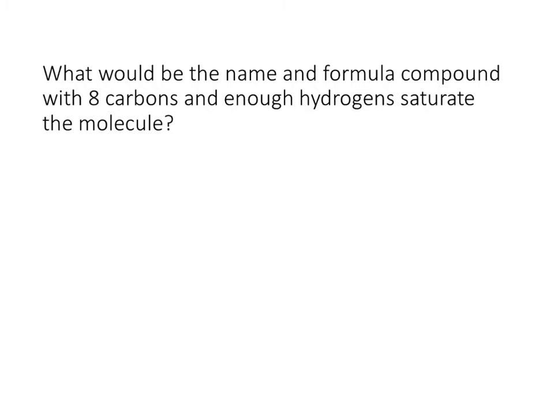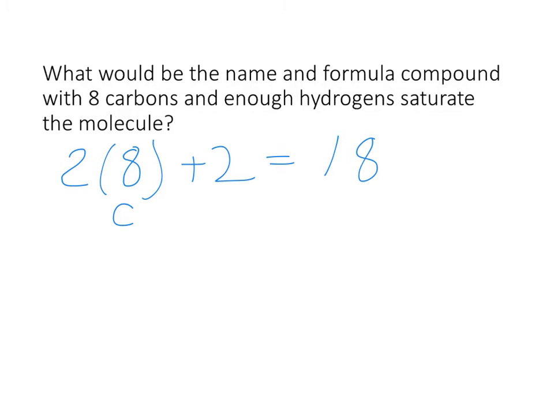So let's take a look. This time we have 8 carbons. So to get our number of hydrogens, we multiply our 8 carbons times 2, we add 2, and that gives us 16 plus 2 is 18 hydrogens.